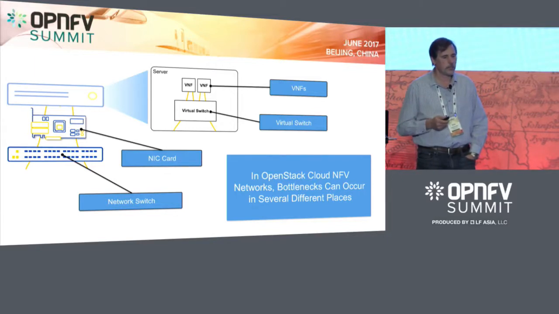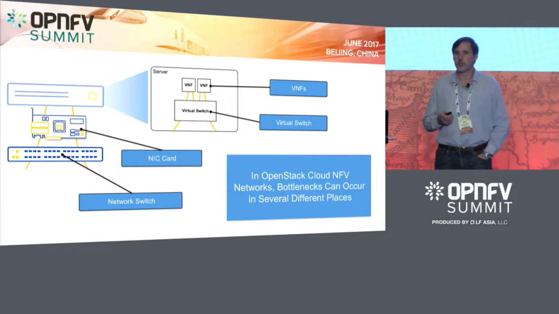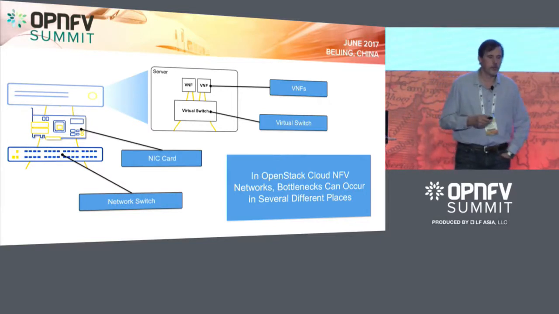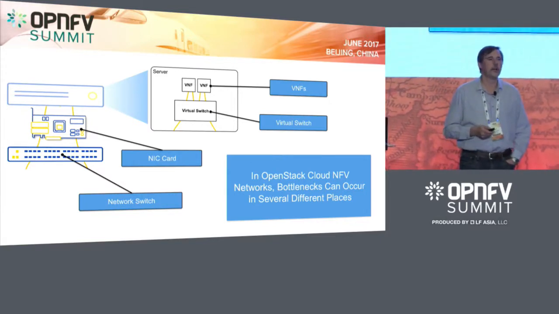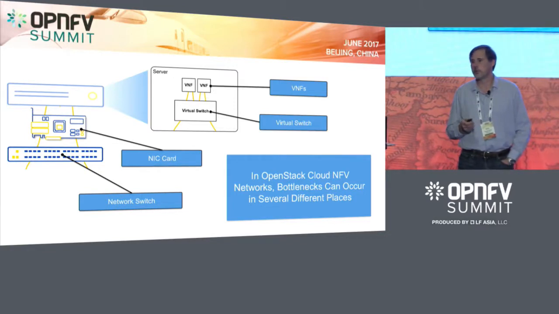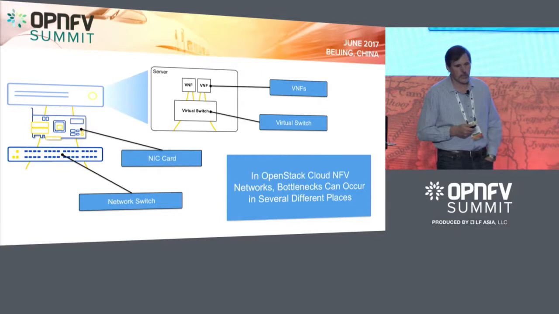And then inside the server itself, you have typically some form of virtual switching layer as part of the NFVI. And then you have, of course, your applications or your virtual networking functions. So a bottleneck can occur in many different places potentially, right?